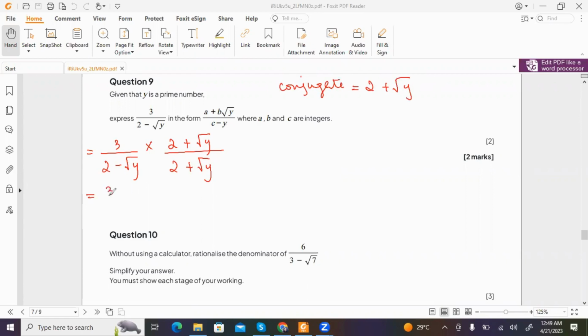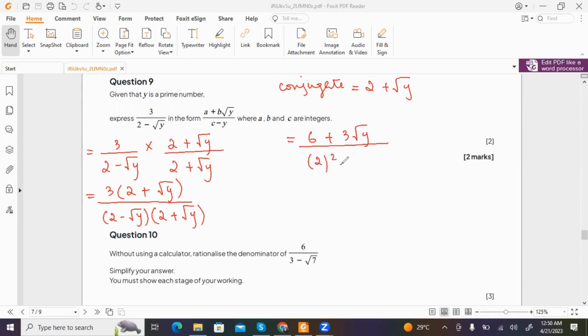That's going to give us 3 times 2 plus root y divided by 2 minus root y times 2 plus root y. That's 6 plus 3 root y divided by 2 square minus root y whole square.